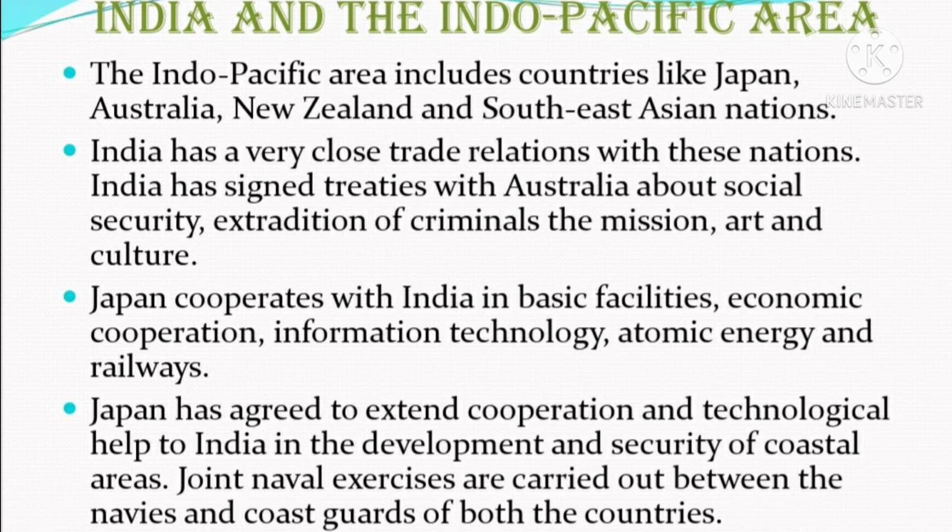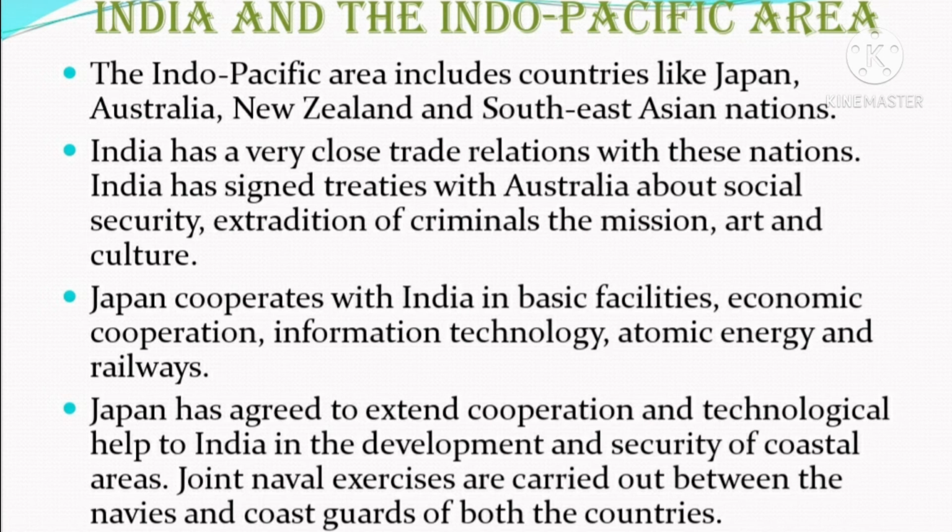In the same way, when we talk about Japan, Japan also cooperates with India in providing basic facilities, economic cooperation, information technology, atomic energy, and even railways. So India has developed good relations with Japan, and Japan has agreed to extend cooperation and technological help to India in her development and security of coastal areas.